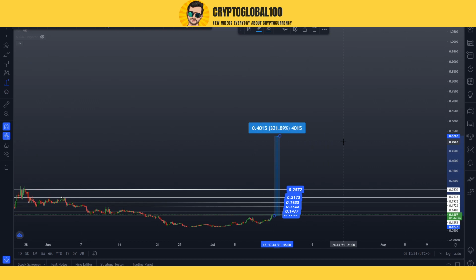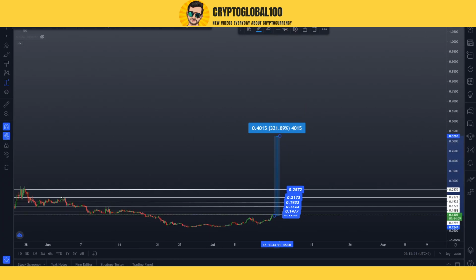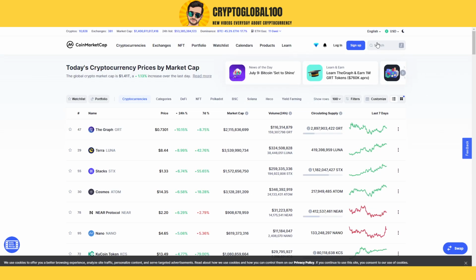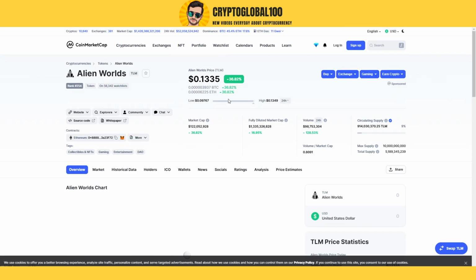So we can reach 0.5 in the coming days if the price of BTC gets to 40,000, 36,000 or something like that. Then we can reach the price of $0.5, because it still needs 300%, and for that the volume needs to increase as well. Let me show you on CoinMarketCap.